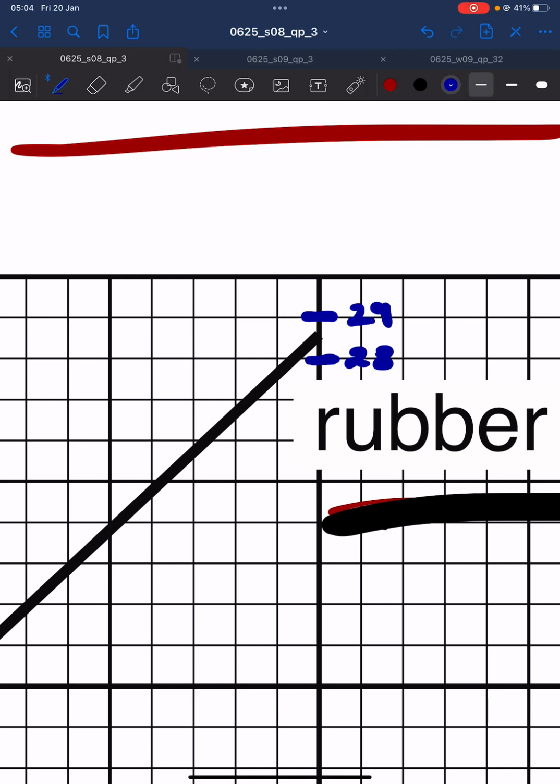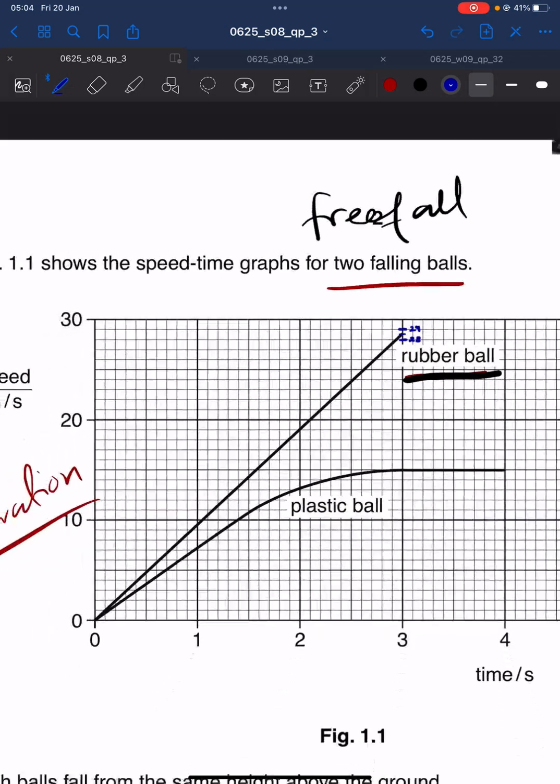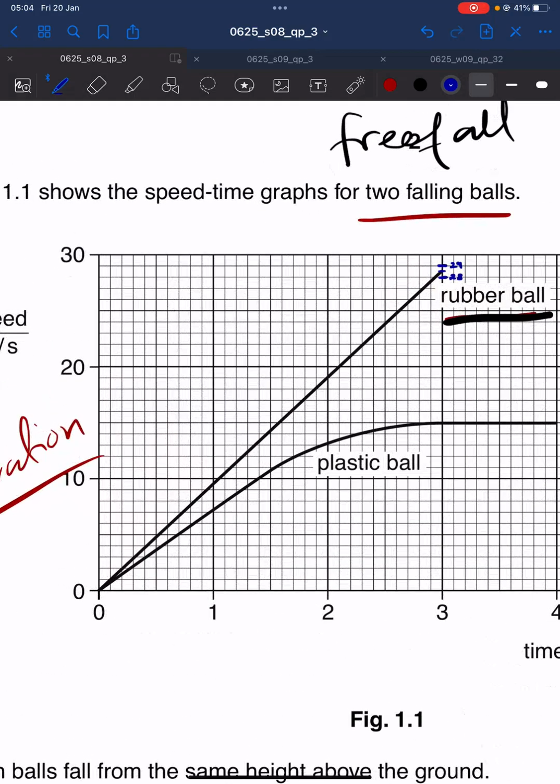But in a graph you are allowed to make small predictions. ممكن تقول 28.5 ما مشكلة، في الجراف ما في مشكلة. But in devices you are not allowed to do that. So عموما دي 28.5. You can say الحاجة دي واقفة على 28.5.